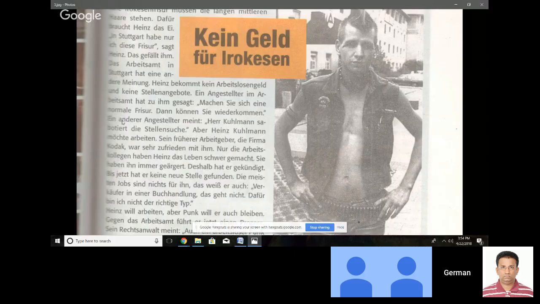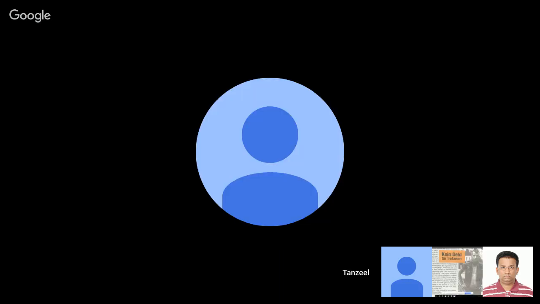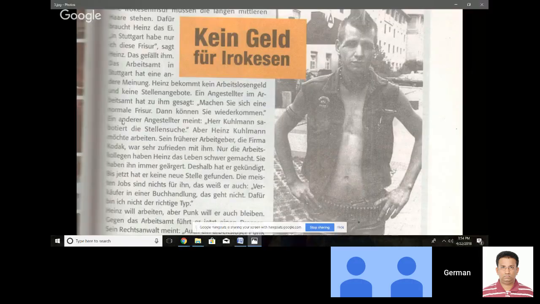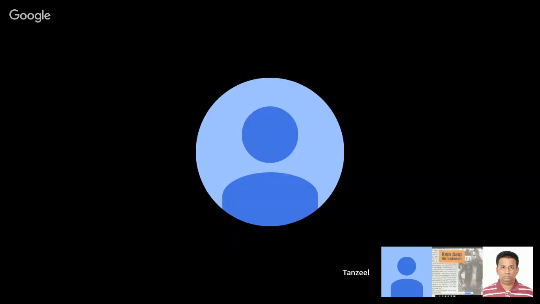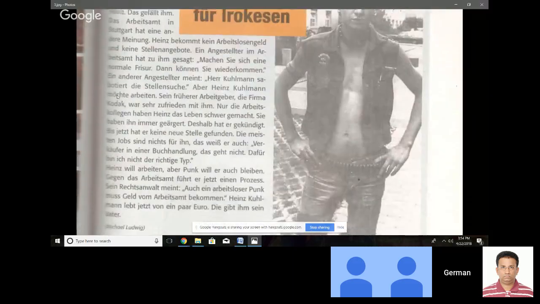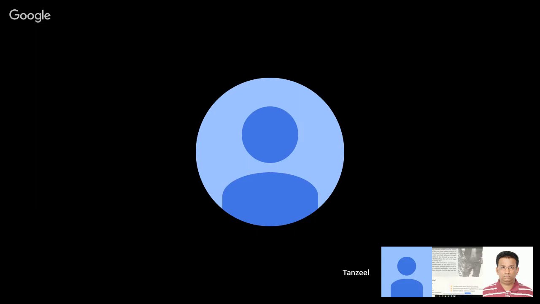Verkäufer in einer Buchhandlung, das geht nicht. A seller in a bookstore is not okay. Dafür bin ich nicht der richtige Typ. Probably I am not the right type for it.